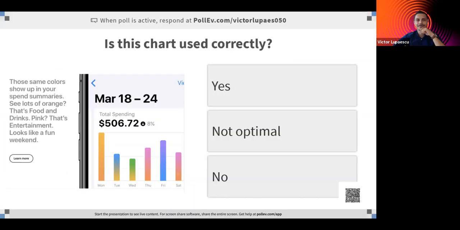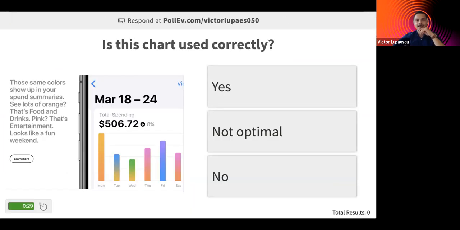Okay. Is this chart used correctly? Five seconds left.